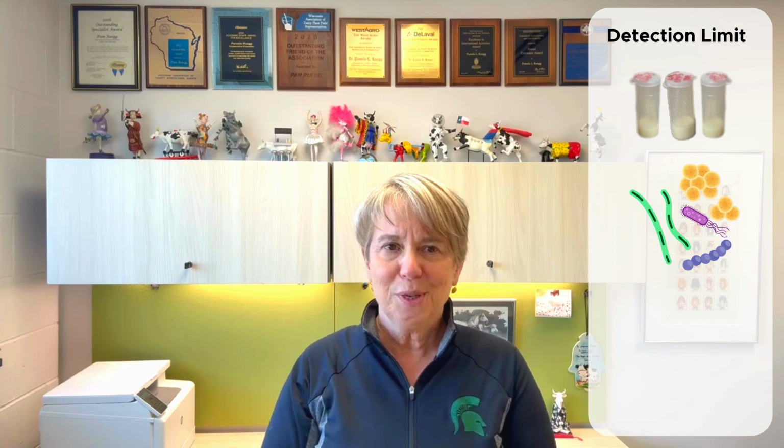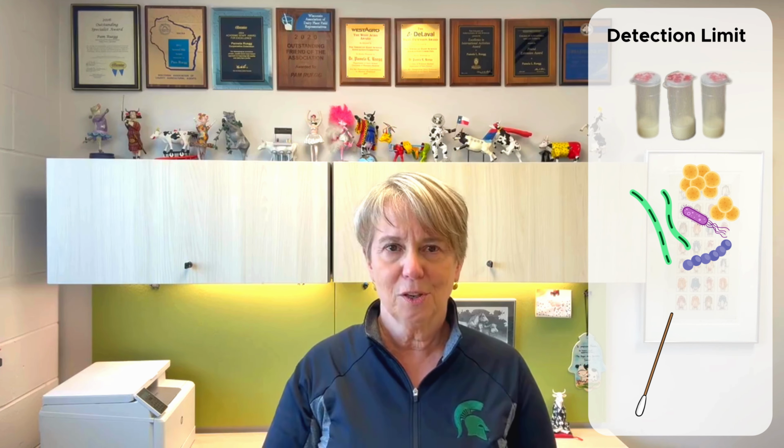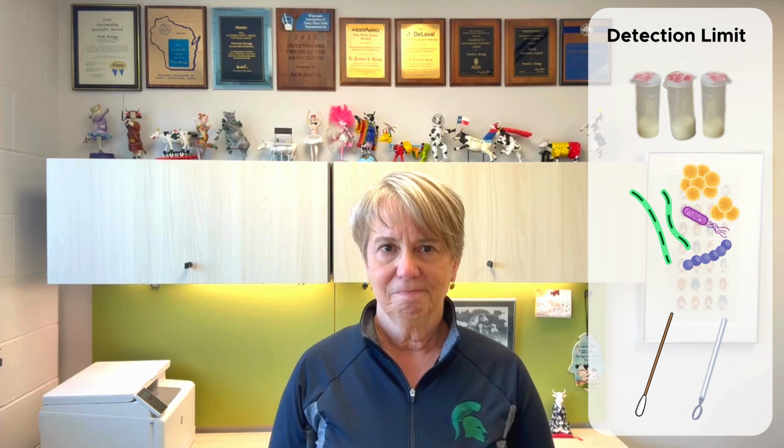Because when we take that milk sample to the lab, we don't take that whole milk sample and pour it on our agar plate. What we do with that milk sample is take a little sample of it. We do that with either a swab that we put into the milk sample, or we take a loop with a defined volume where we capture a little sample of that milk and spread it on our agar plate.